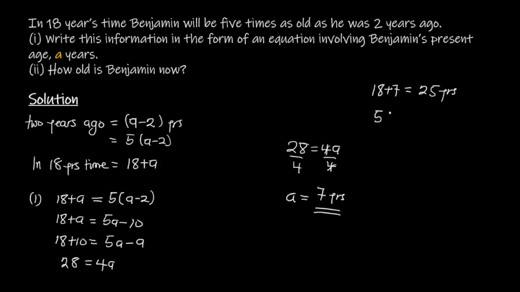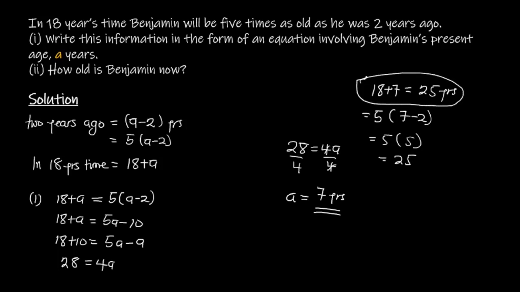So that will be 5 into bracket 7 minus 2, and 7 minus 2 will give me 5, and this is equal to 25. So we can see that the right hand side of the equation and the left hand side of the equation are all the same, and therefore it means that our answer is correct.